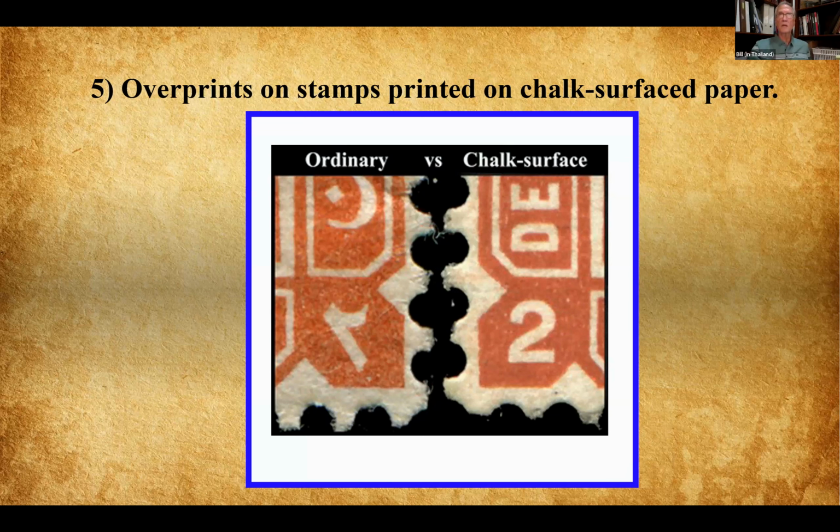The same pyramid and sphinx stamps continued to be printed for Egypt until 1906, during which time chalk-surfaced paper was introduced. Therefore, if an overprint is found on stamps produced on chalk-surfaced paper, it must be a forgery. Determining the difference between chalk and ordinary paper is not always easy.